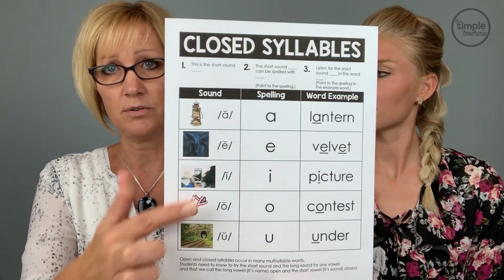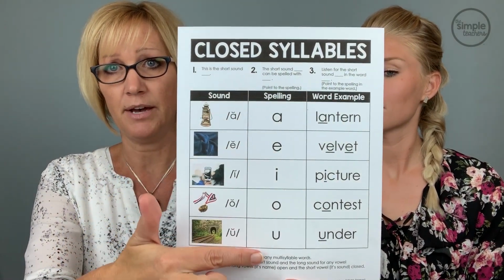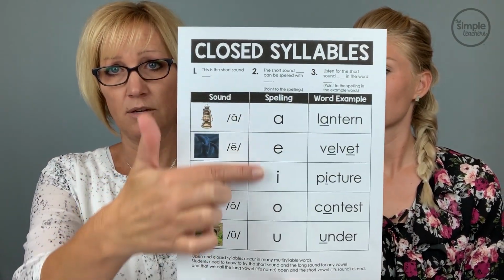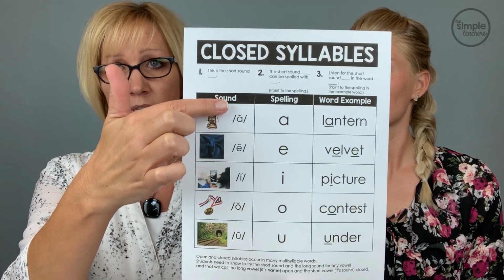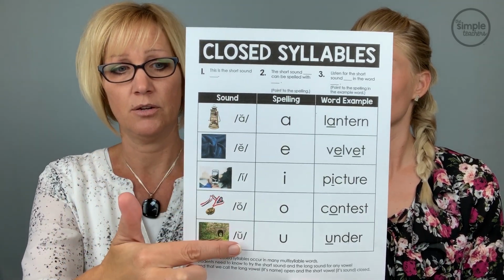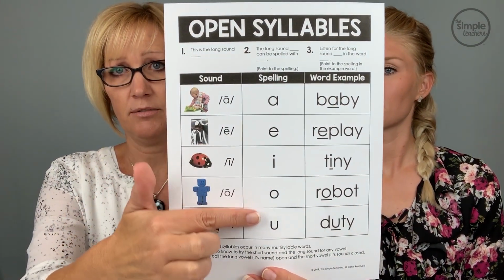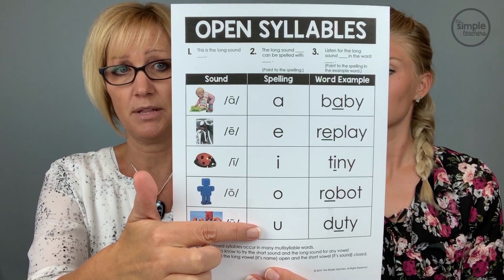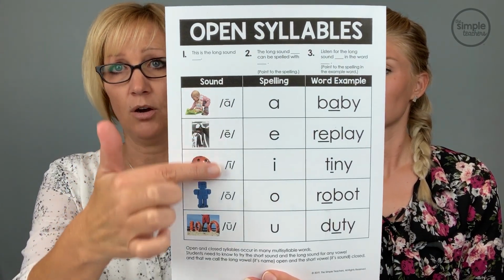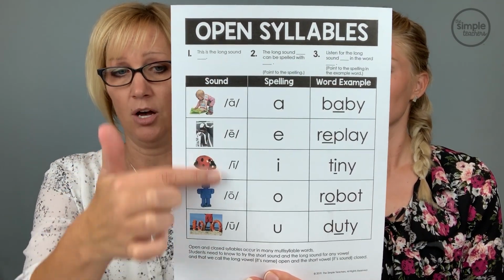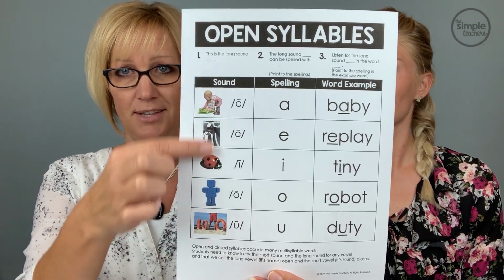So with the closed syllable, any of the single vowel spellings will say their short vowel sounds. With the open syllable, any of the single vowel spellings will say their open long vowel sound, say their name.